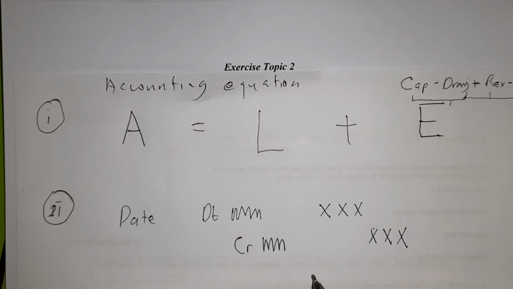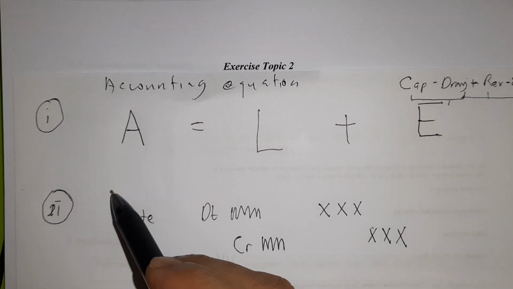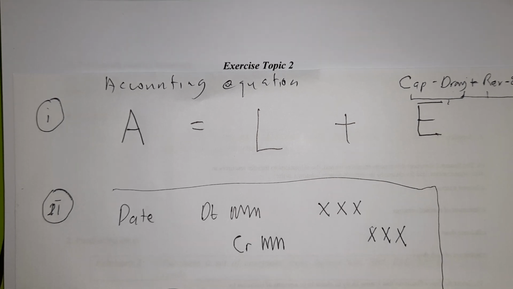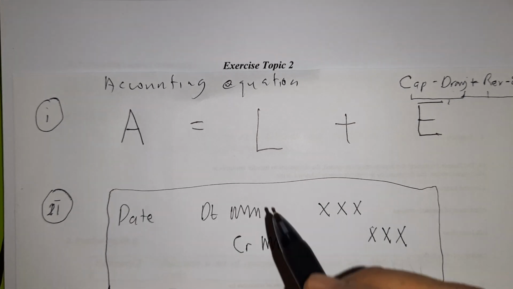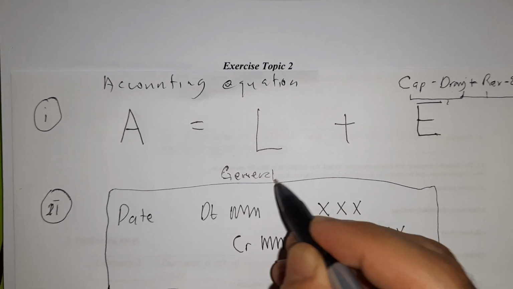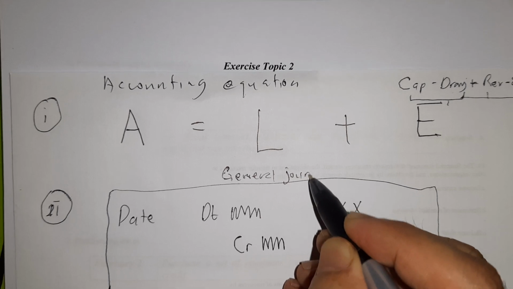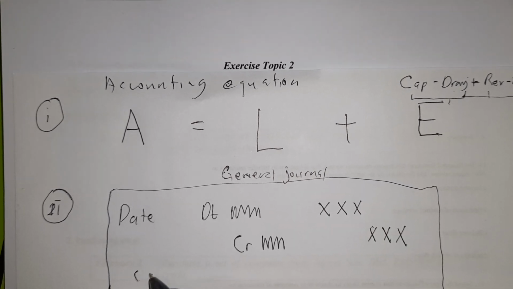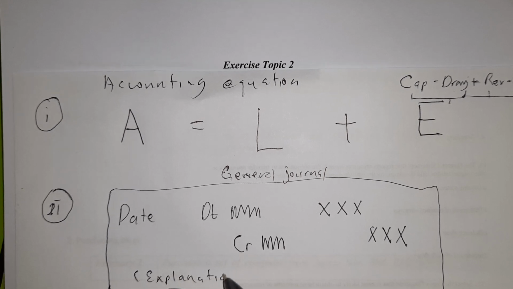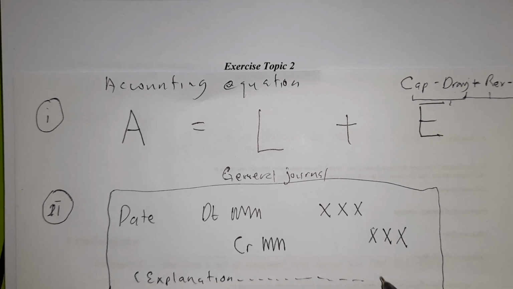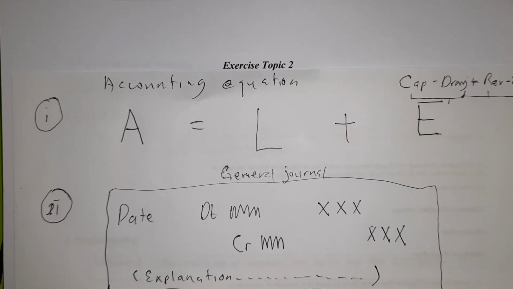Okay, this is the format for the general journal. And then if you want to do it properly, you have to write the explanation related to the transaction.